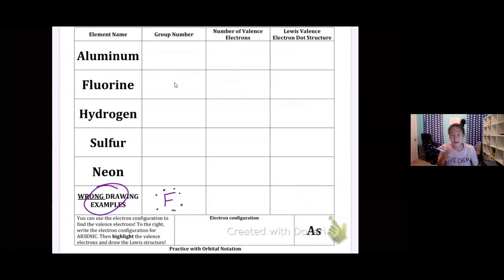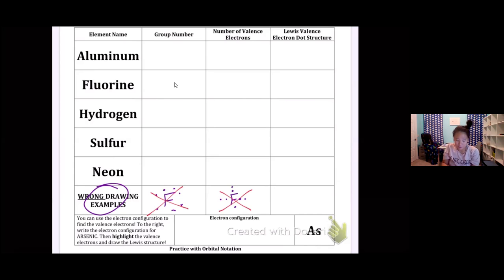That's very unorganized, and we draw them in a very specific way for a future purpose. Also, we don't like windmills. If you write fluorine and do 1 on each side, you can't draw them out like some sort of windmill action. So these are not right. Don't do it like this.